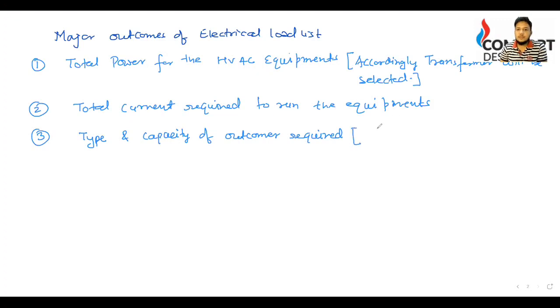So what exactly is the outcomer? Generally, these three common outcomers are used: MCB, MCCB, and ACB.